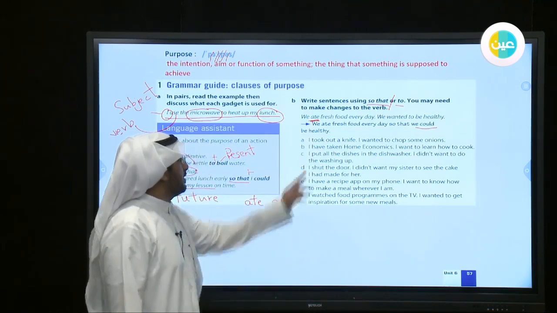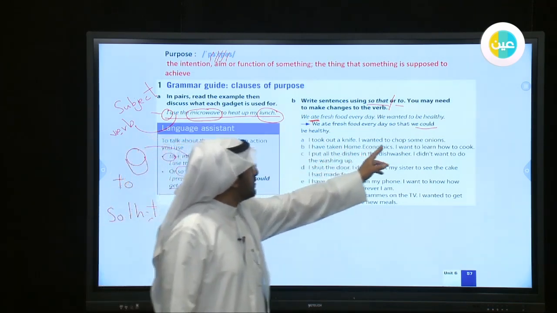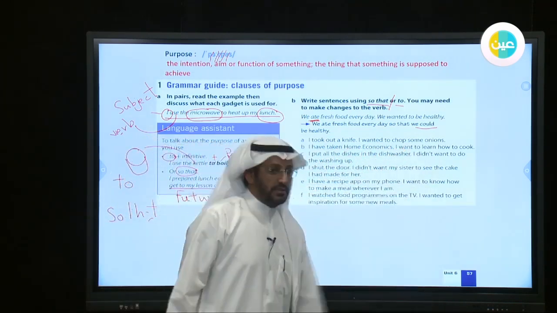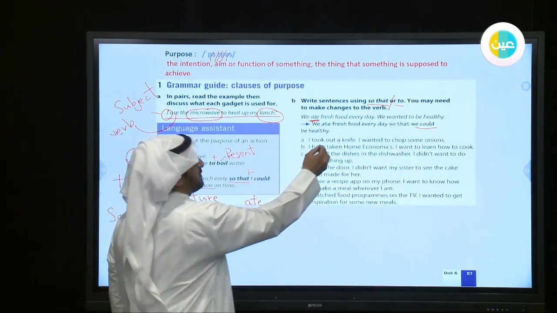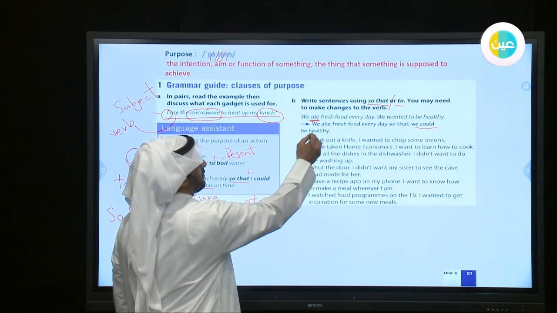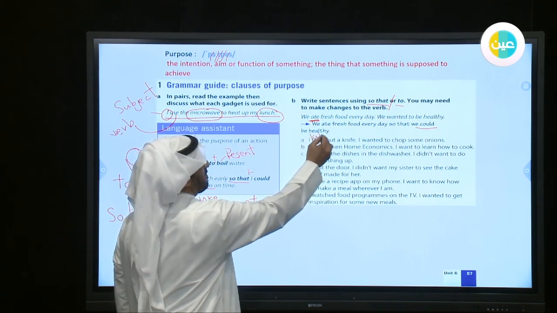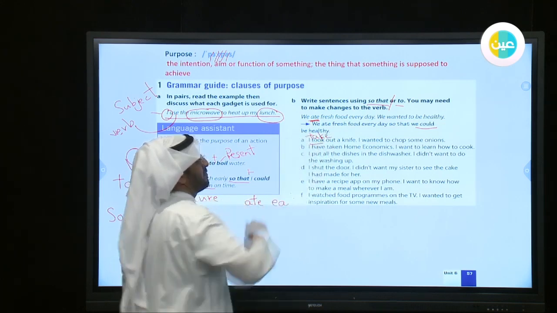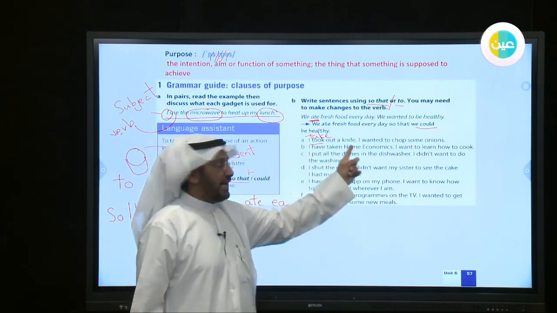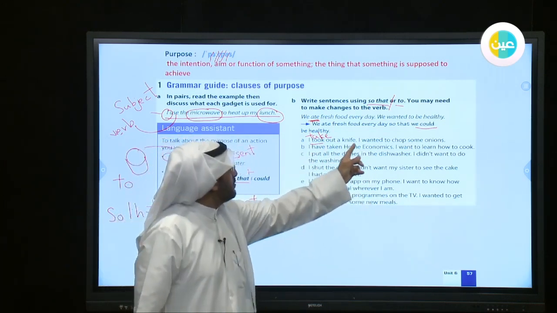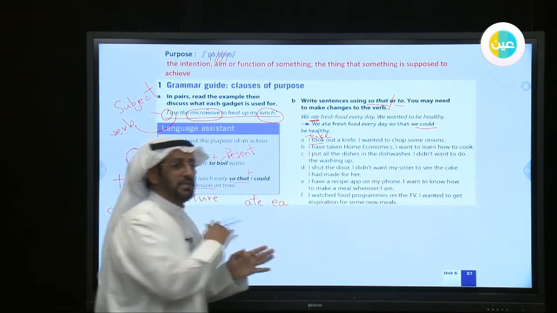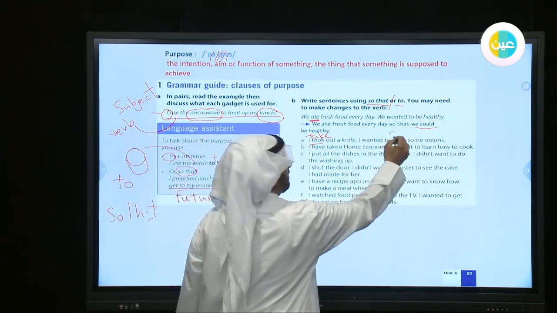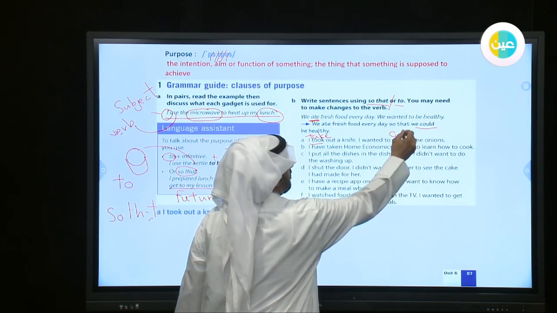A. I took out a knife. I wanted to chop some onions. Took is the past of take. Chop means cut.